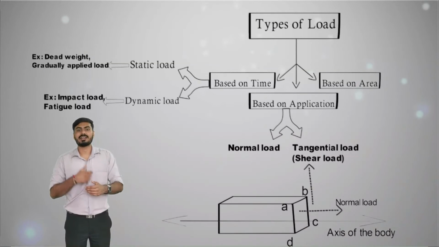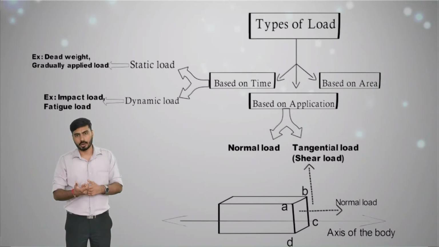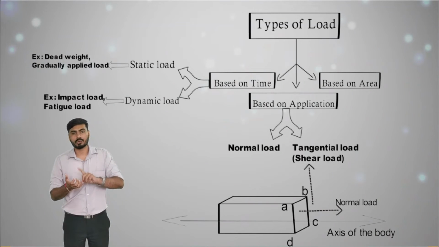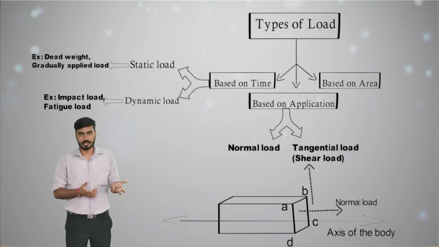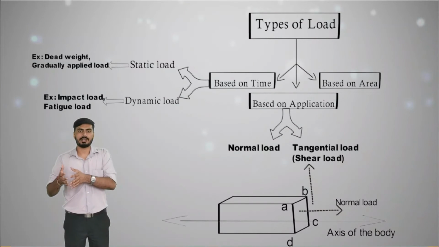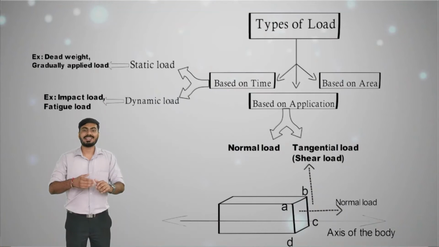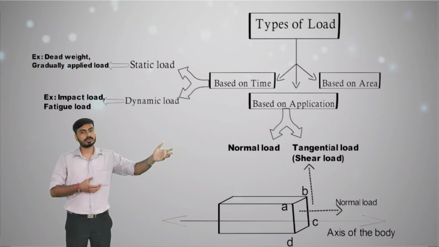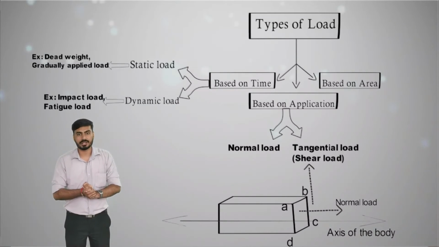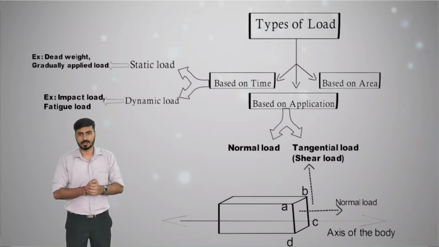This load will create a shear stress in your body, and this type of load is also known as a shear load. So these are the different types of load which can be categorized based on the application, and any application can be asked in your example, so you have to identify this type of application for the correct interpretation of your examples.